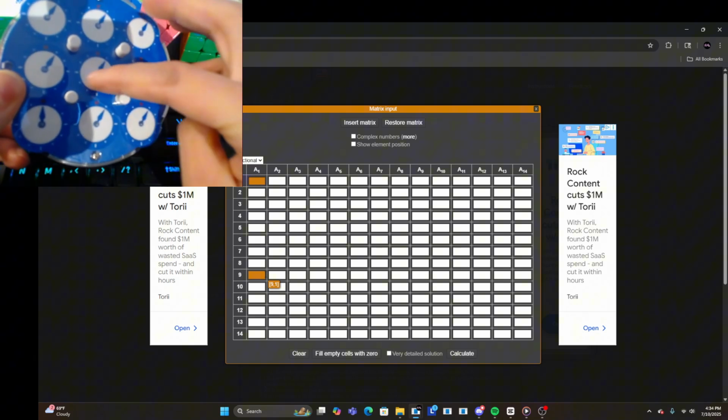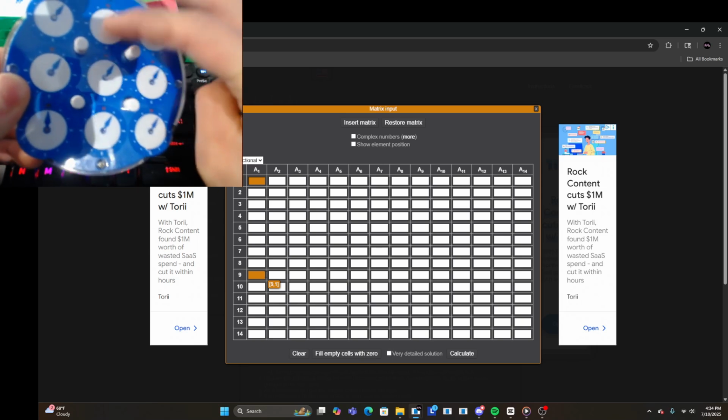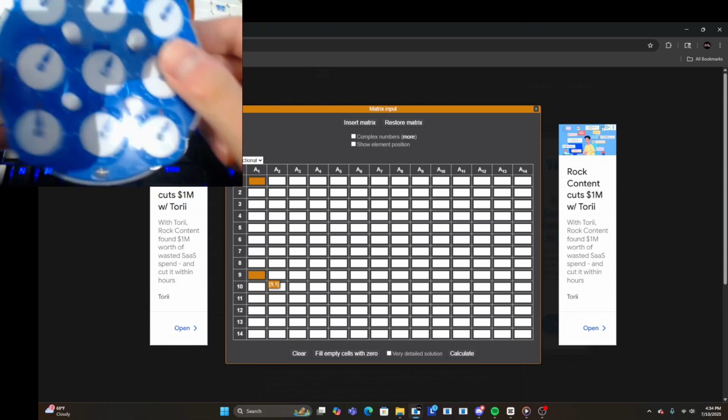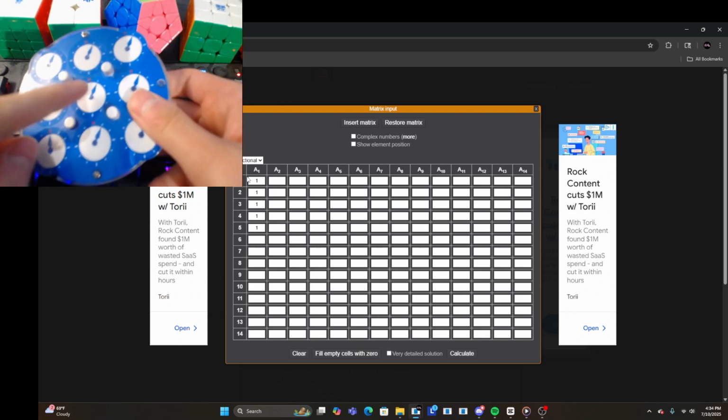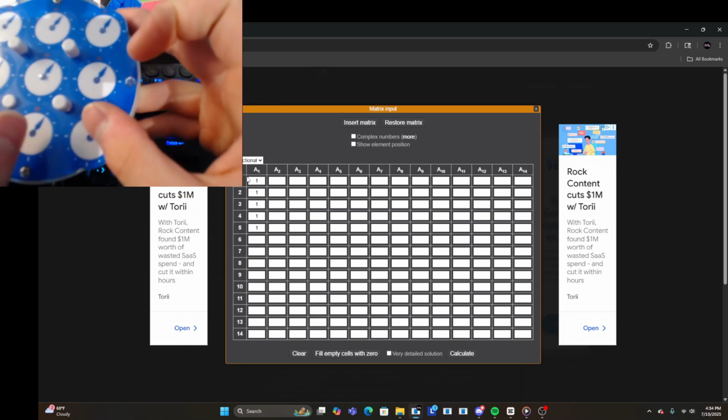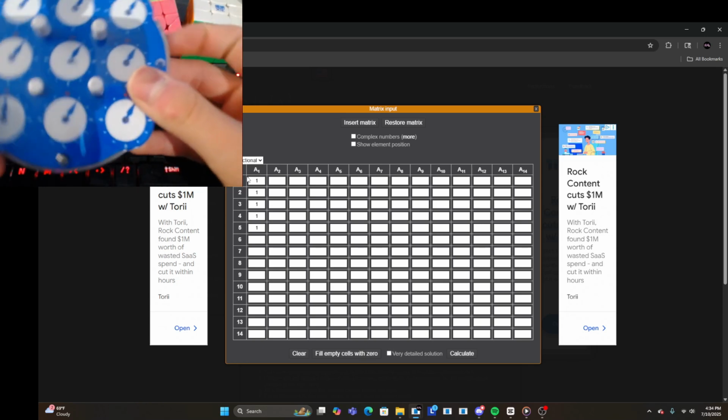What you'll notice is that all of the clocks in the cross are now at 1. So we put a 1 here for each of them, because C is at 1, and U, R, D, and L are also all at 1.